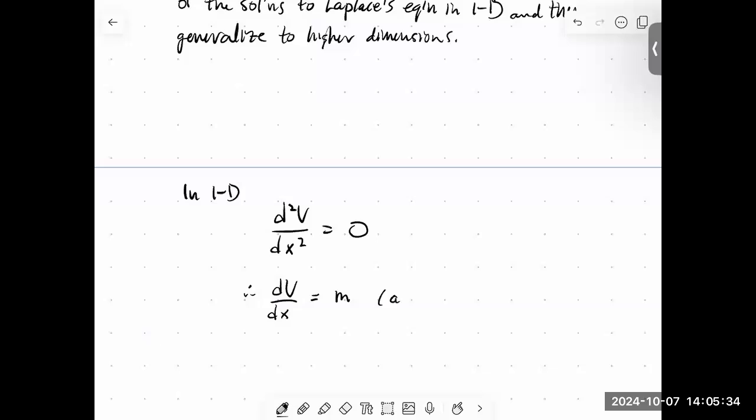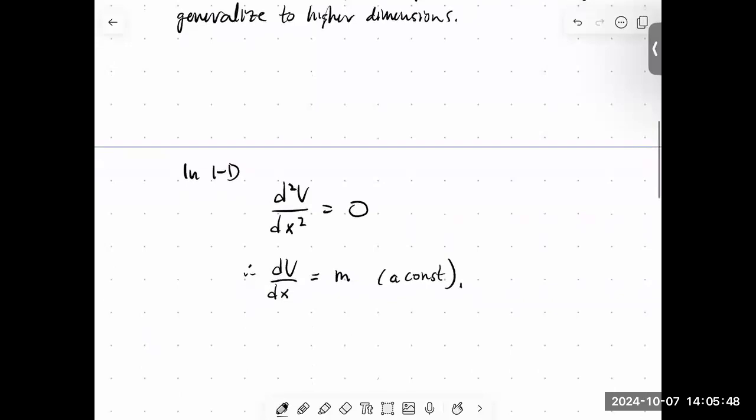So this is a constant. And then if I want to find v, I integrate with respect to x again. The integral of a constant is x times that constant plus another integration constant. And so integrating again, we would get v is mx plus b, which is clearly a straight line.